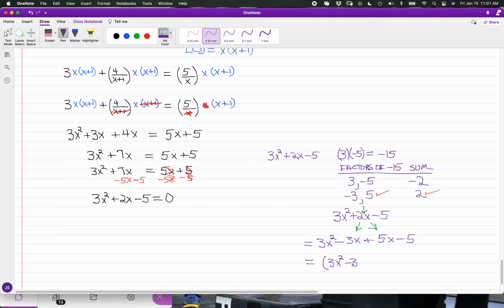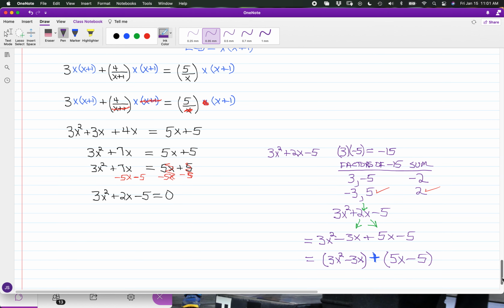So we have the quantity of 3x squared minus 3x. And we have the middle operation to be addition. That was why we have to separate the first and second terms apart from the third and fourth. Okay, so we have plus the quantity of 5x minus 5.